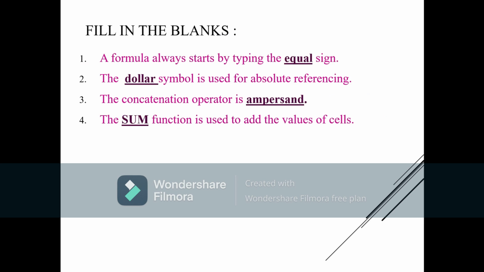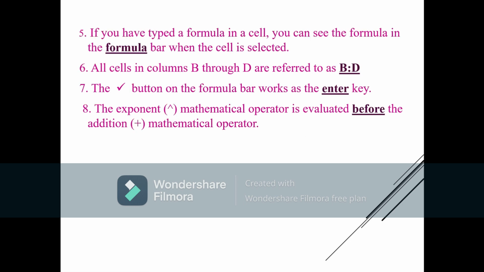First, a formula always starts by typing the equal sign. Second, the dollar symbol is used for absolute referencing. The concatenation operator is ampersand. The sum function is used to add the values of cells. If you have typed your formula in a cell, you can see the formula in the formula bar when the cell is selected.